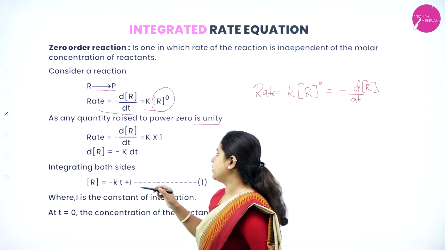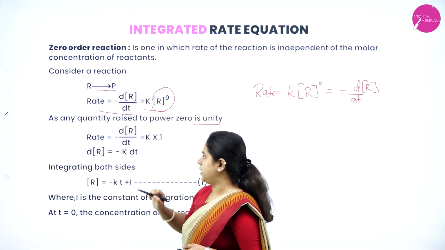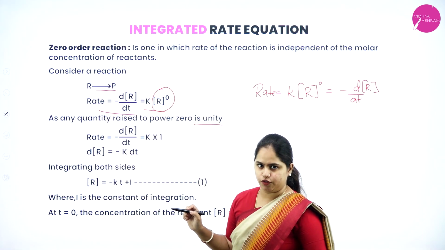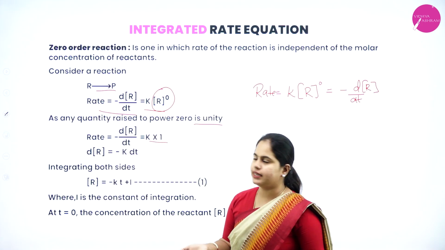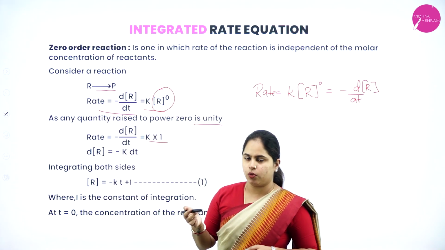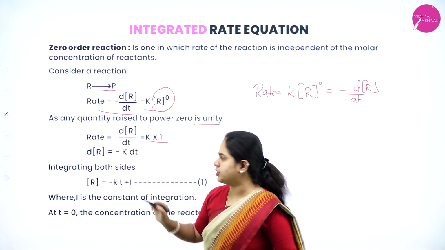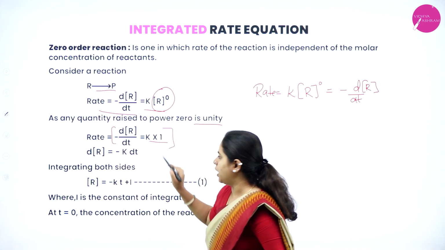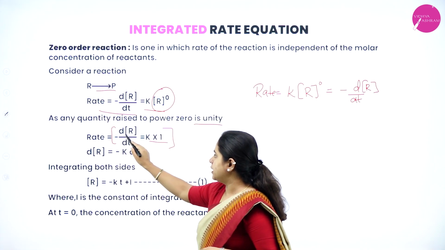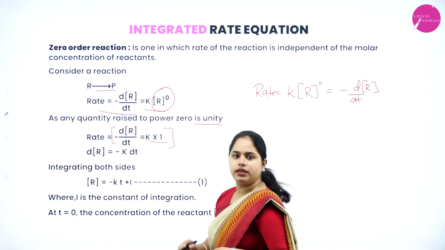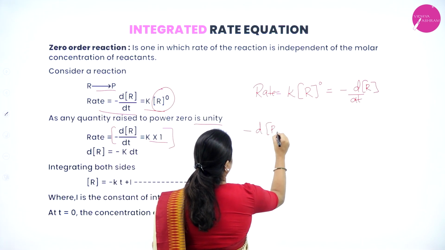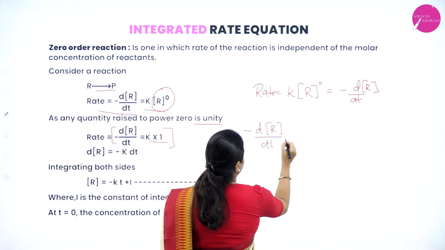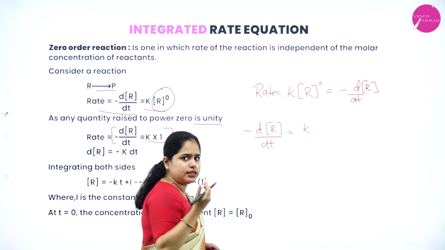So how can we write the equation? Rate will be equal to minus d by dt of the concentration of R, which is equal to K into 1. This term becomes 1. Now I'll rearrange this equation. Taking just this part, minus dR by dt will be equal to K, since K into 1 is K itself.